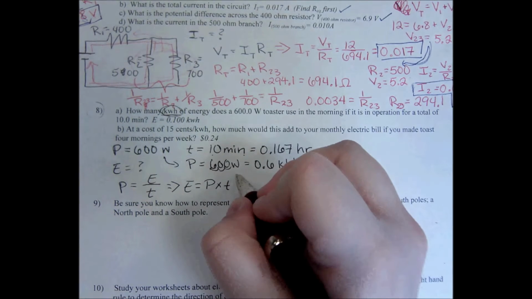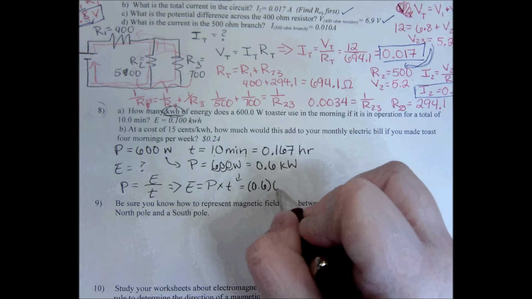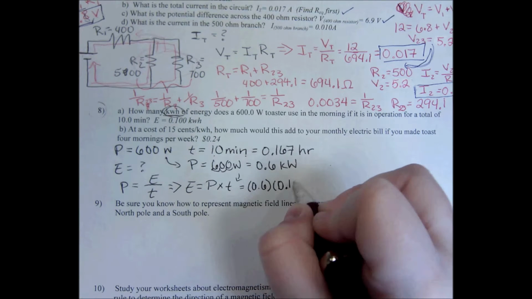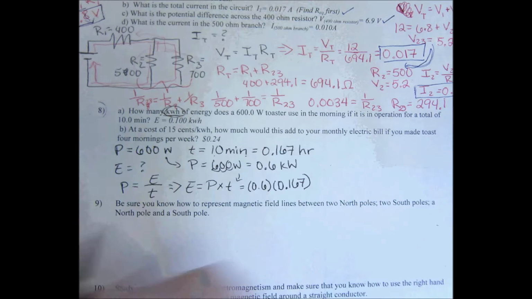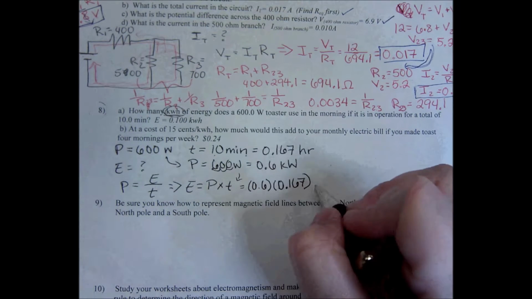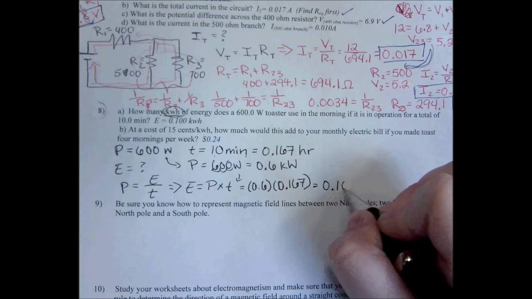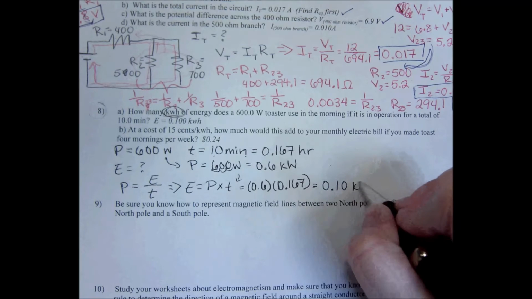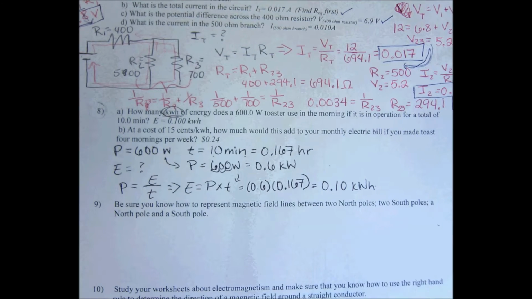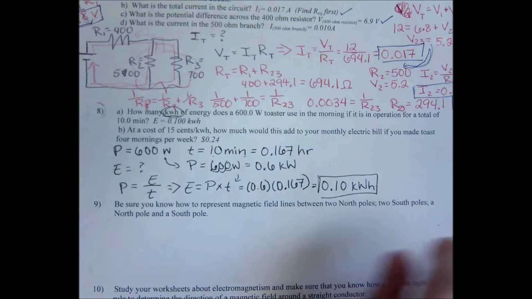And now we can just multiply. 0.6 kilowatts times 0.167 hours gives us 0.10 kilowatt hours. So that's the answer to part A.